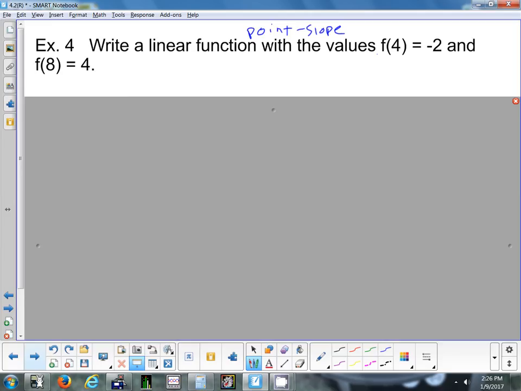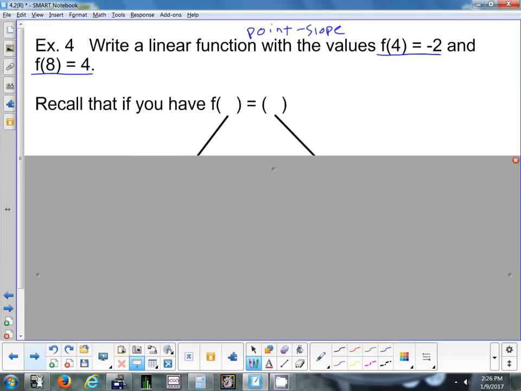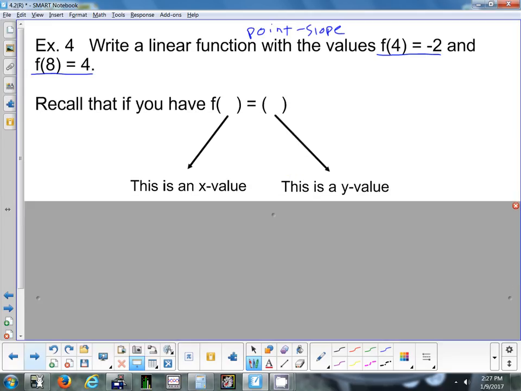Now they gave me this, and they gave me that. Those two things I just underlined are really like what? They're really coordinates. They're kind of disguised a little bit, right? They don't look like coordinates. But remember, you have a spot under example 4 where it says recall.